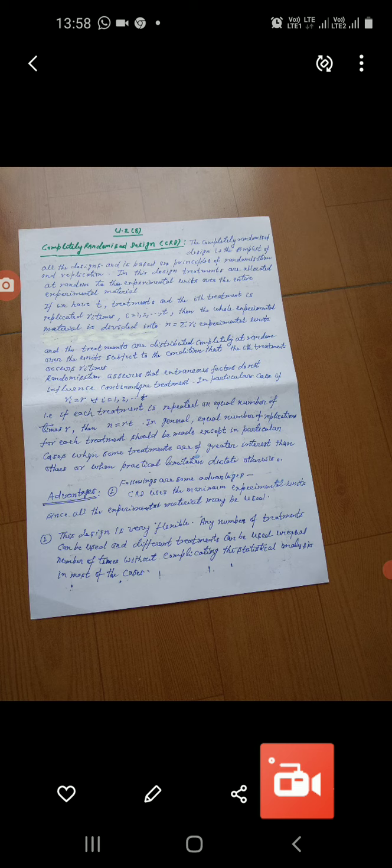Suppose i is equal to 1 to 3, then the first treatment will occur R1 times, the second treatment will occur R2 times, and so on.